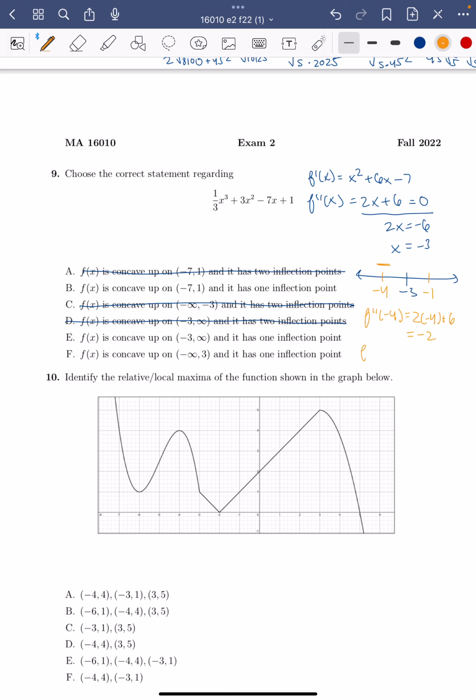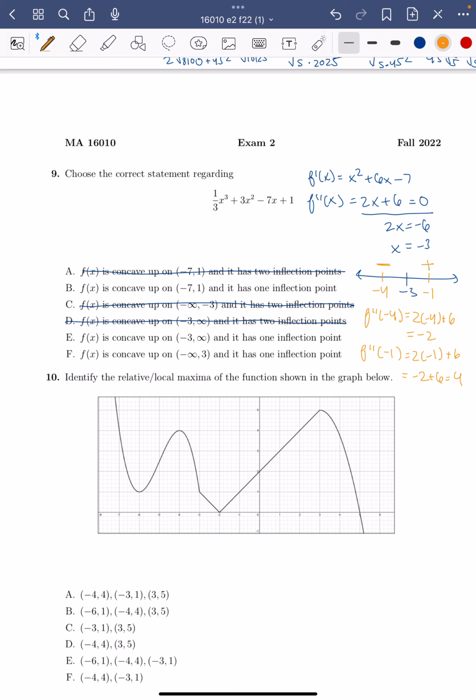Now let's do the same for the right side. Again, you can use any arbitrary point as long as it's not equal to -3. f double prime of -1 equals 2 times -1 plus 6, which is -2 plus 6, which is 4. Now we know that's positive, so that's going to be concave up.